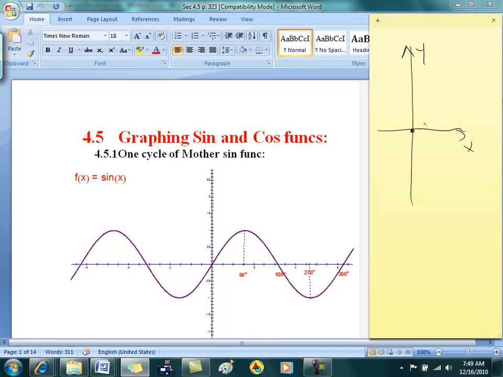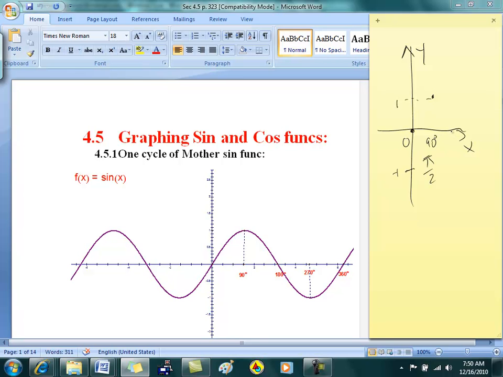The next feature point is sine of 90, which is equal to what? It's 1. Sine of 90 is 1. So right there is 1, and right here is minus 1. So this is 90, or how many radians? Pi over 2, nice.